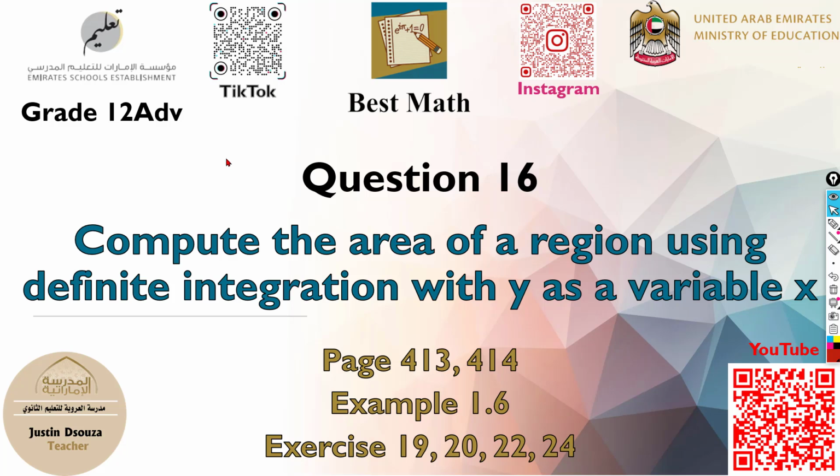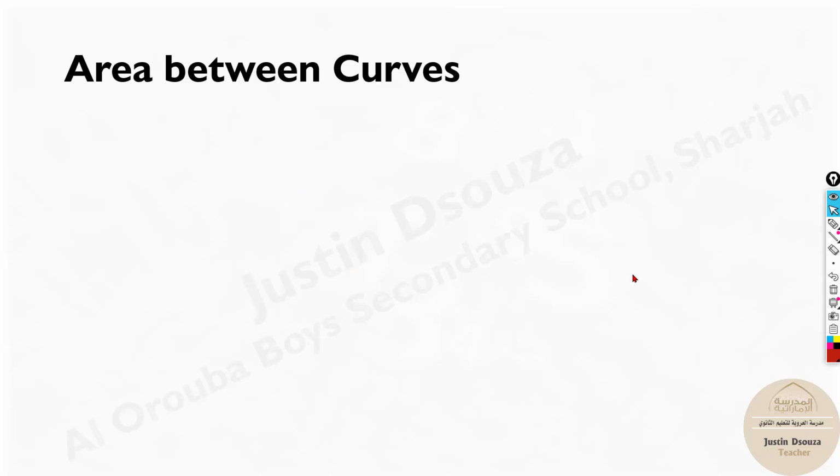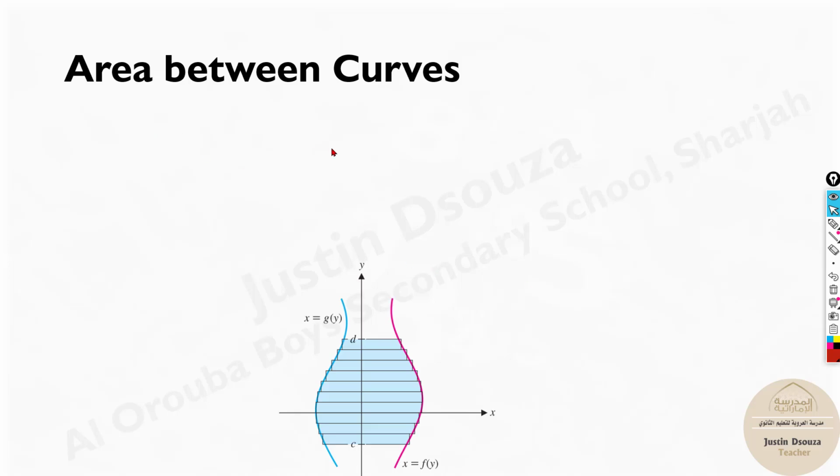You will have a and b limits, lower and upper limit, with y as a variable of x. Now this is very important, y as a variable. When this means y as a variable, that means we are deriving with respect to y, or the function of y. We will look into the details and understand it better.